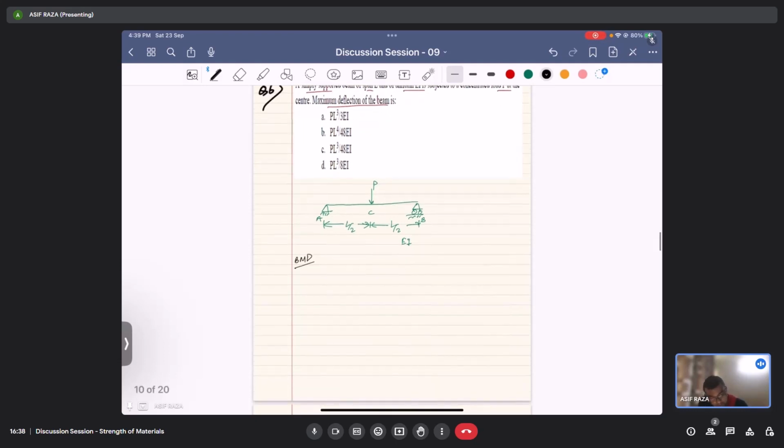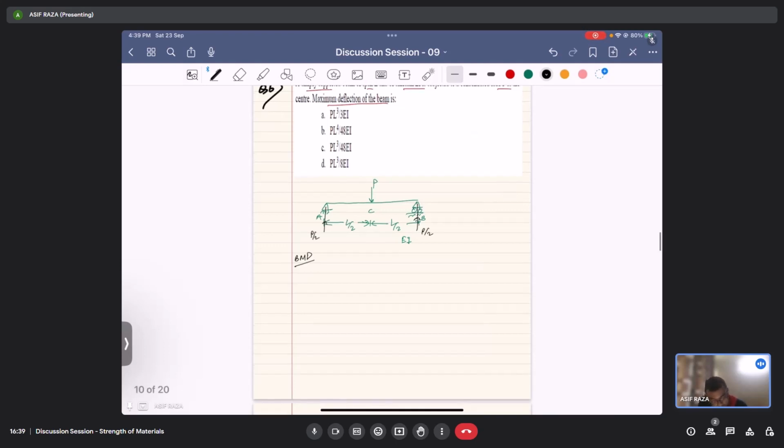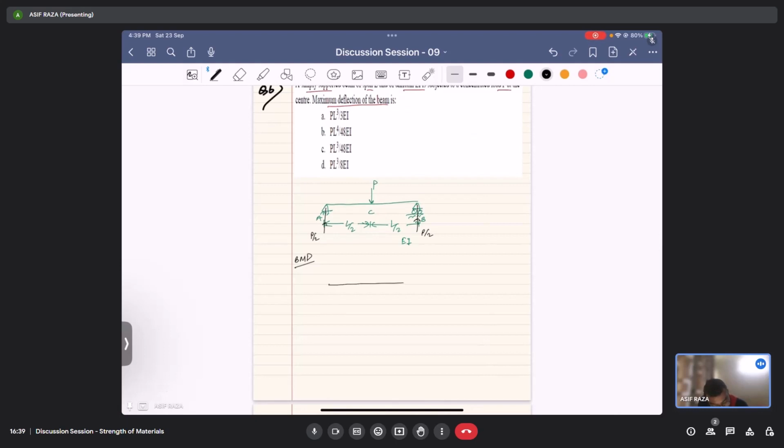If you remember, the reactions at A and B would be equal to P by 2, P by 2. So we can directly draw the bending moment diagram, and the value here is PL by 4, right? So this is at A, this is at C, this is at B.